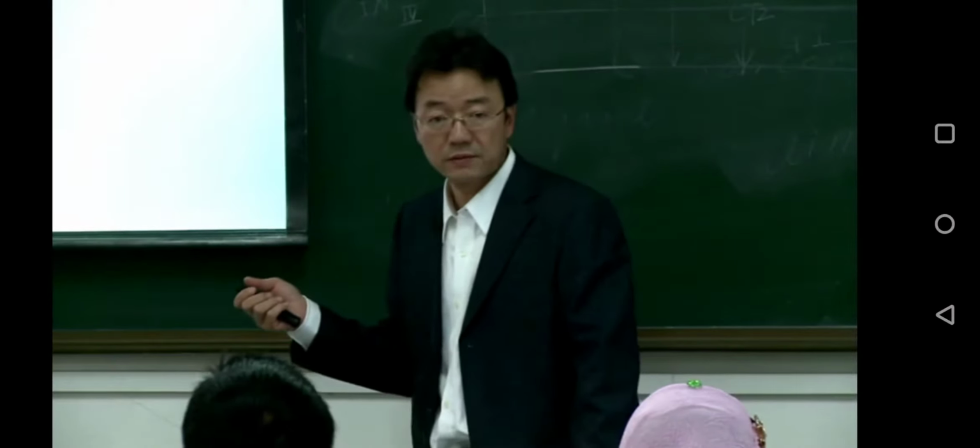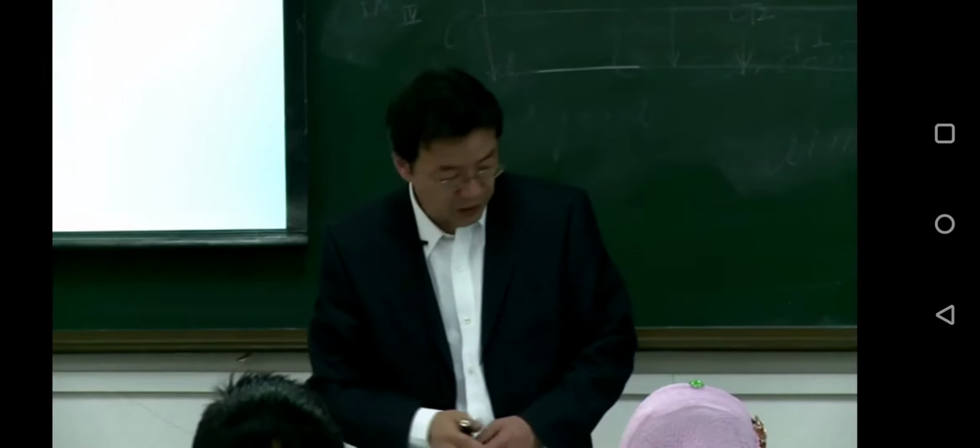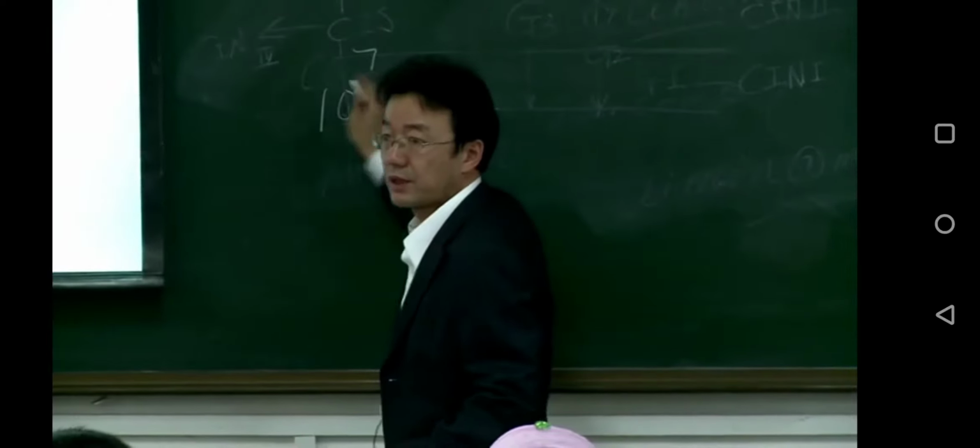Second, the diversity. The reservoir of the T lymphocyte or the B lymphocyte could reach over 10 to the 7th or more.